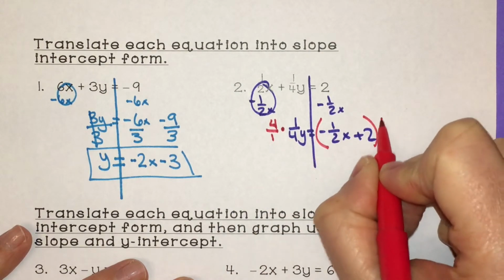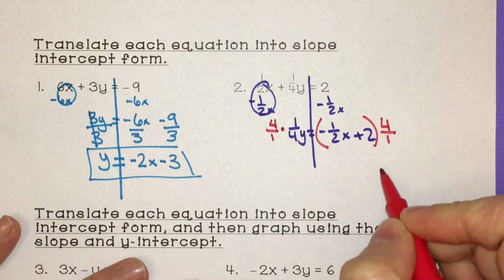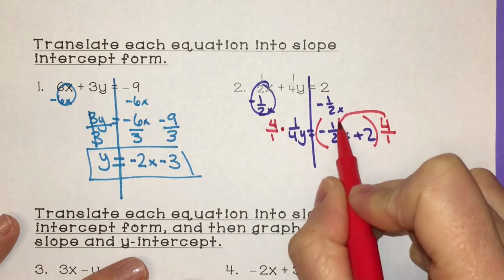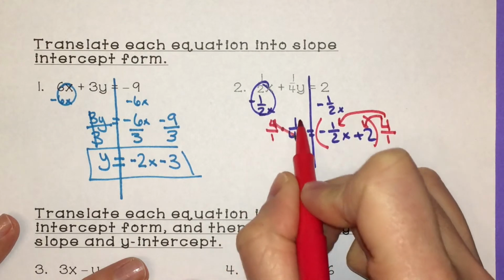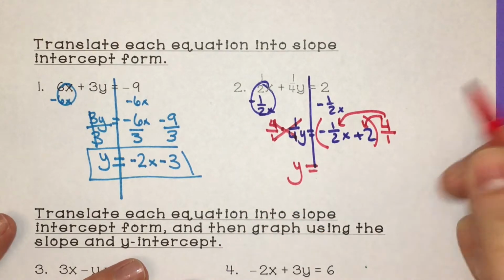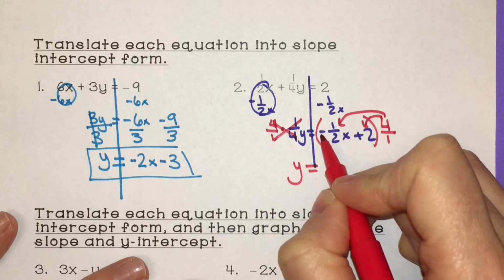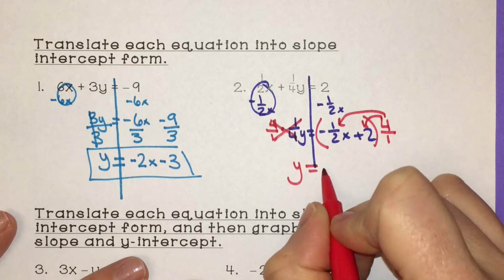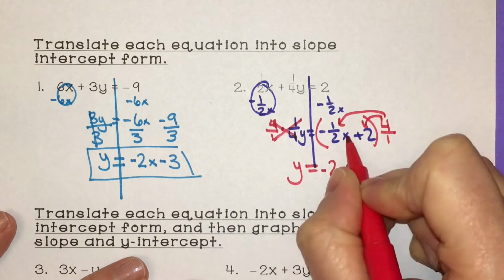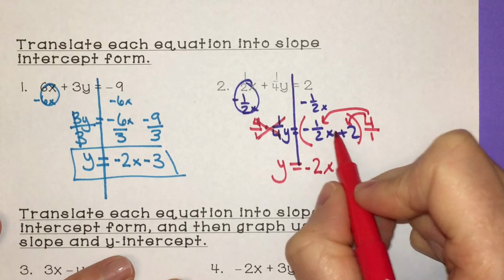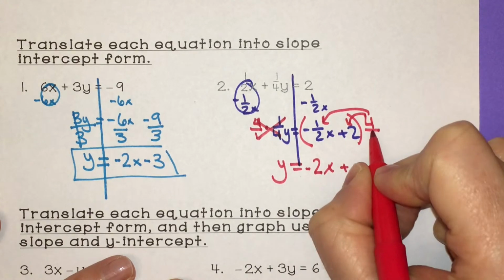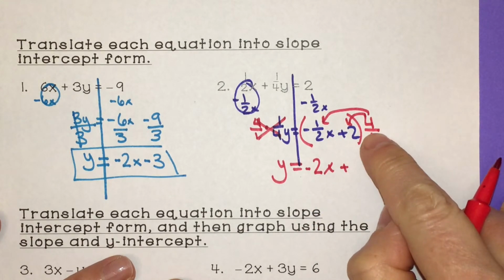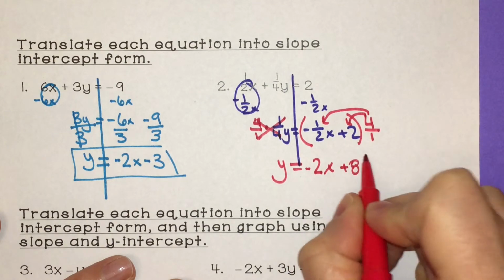Don't really have room in front, so I'm going to write it in back. And I'm going to distribute the 4. These cancel out, so I'm left with y equals 4 over 1 times negative 1/2 gives me negative 2x plus 4 over 1, which is just 4, times 2 is 8.